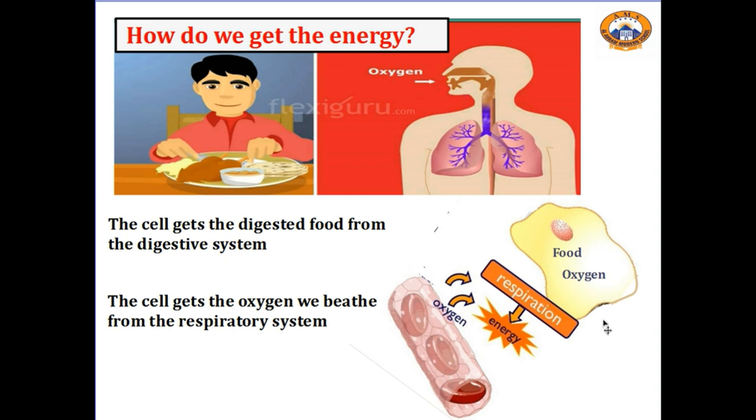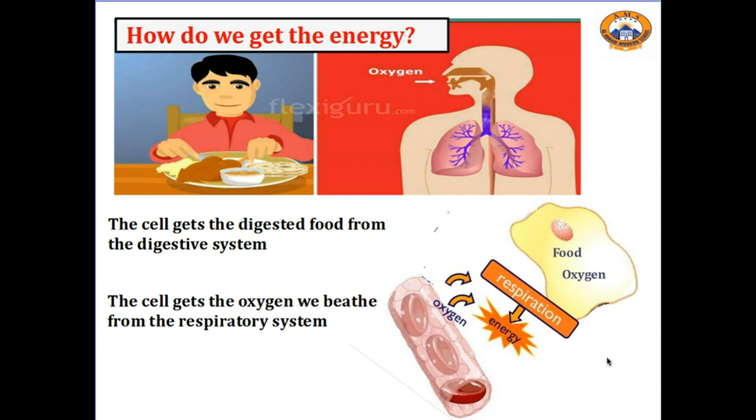So now, after the blood carries the food from the digestive system and transports it to all your cells, and also carries the oxygen from the respiratory system and transports it to the body cells, now the cell is ready to produce the energy. And this happens through a process known as the respiration process.